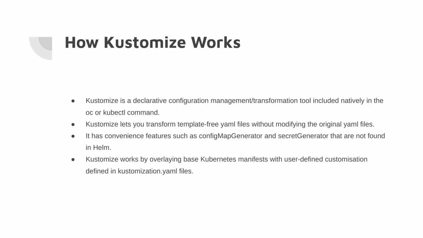It transforms template-free YAML files without modifying the original YAML files. It has convenient features such as config map generator and secret generator that are not found in Helm. Also, Kustomize works by overlaying base Kubernetes manifests with user-defined customization, defined in kustomization.yaml files.